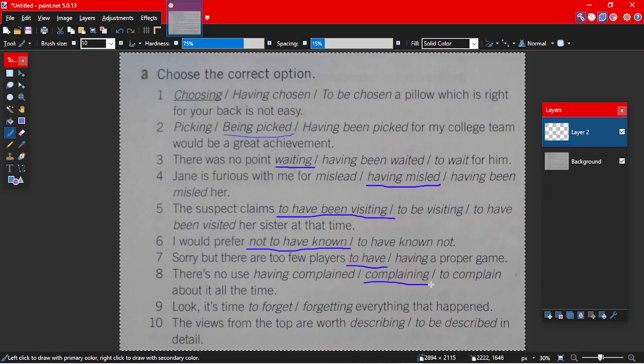But if you say there are too few players to do something, to for example play a game, that means you can't have a proper game because there are too few players. That makes a lot more sense. You could also have a situation like there are too few players in the field right now.